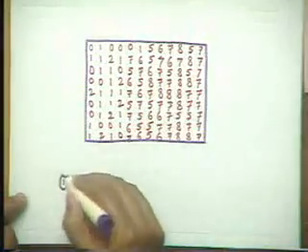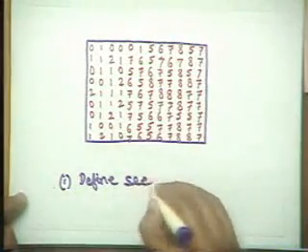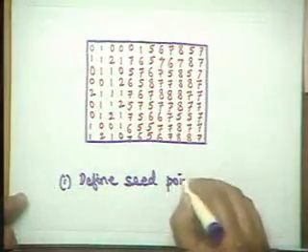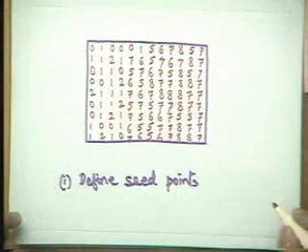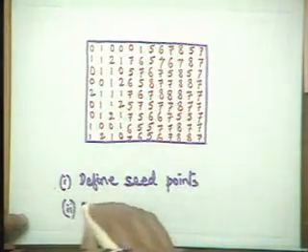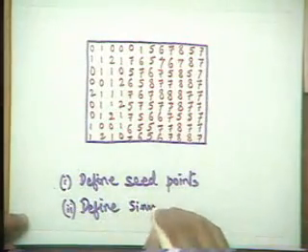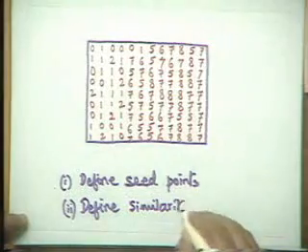So we have to do two things. First, we have to define seed points from which the region growing will take place. And the second thing is that we must define a proper similarity function.